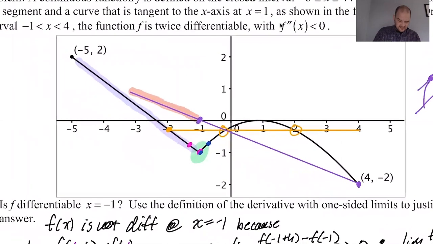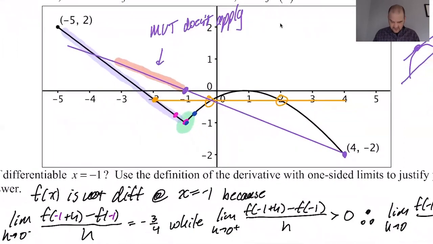I guess I could extend it now. Let's see. There. On this interval, MVT doesn't apply because not differentiable at x equals -1. So our answer has to be between -1 and 4. That's kind of a given at this point.